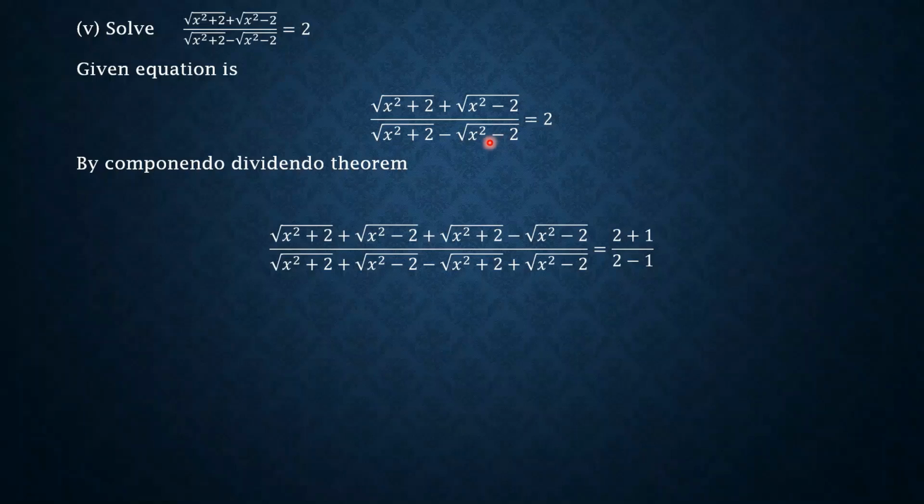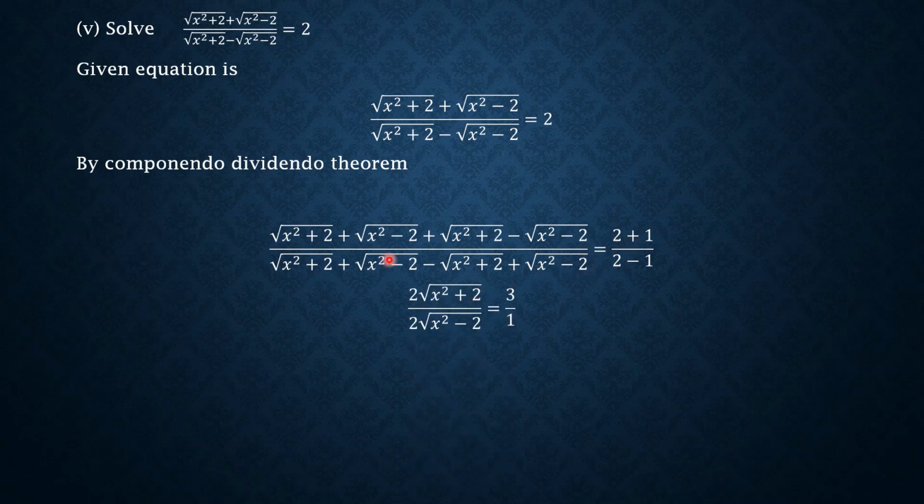So as you know that we will apply componendo dividendo theorem here. So by applying this theorem to the above fraction, we have numerator plus denominator divided by numerator minus denominator, and this equal to 2 plus 1 by 2 minus 1.